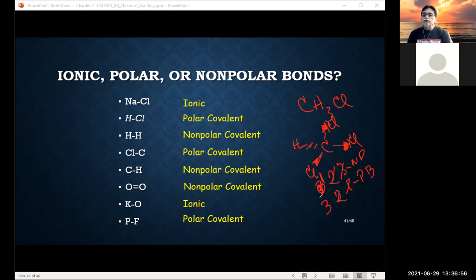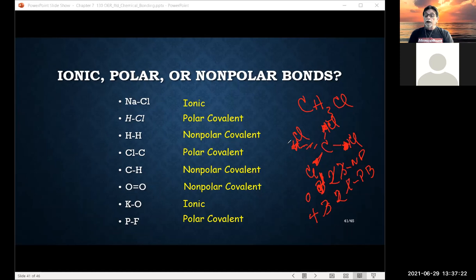We still have a polar molecule, because the 3 polars overpower the 1 nonpolar. Then finally, we replace the last hydrogen with a chloride, giving carbon tetrachloride. Now we have 0 nonpolar bonds and 4 polar bonds.